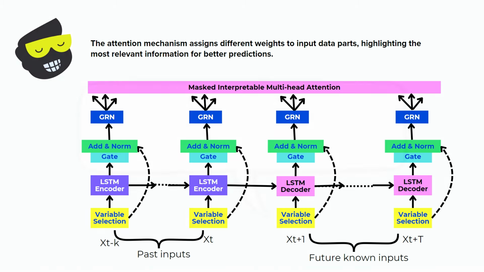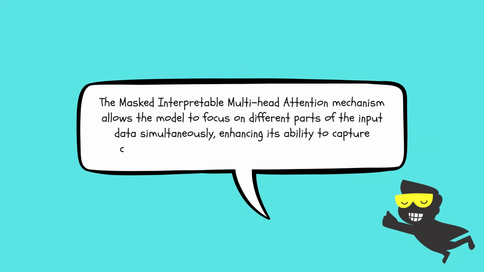To sum it up, the masked interpretable multi-head attention mechanism enhances the model's ability to capture complex patterns and dependencies within the data, improving the overall accuracy and interpretability of the predictions. This is a crucial part of the TFT model that allows it to effectively process and analyze large sets of time series data.